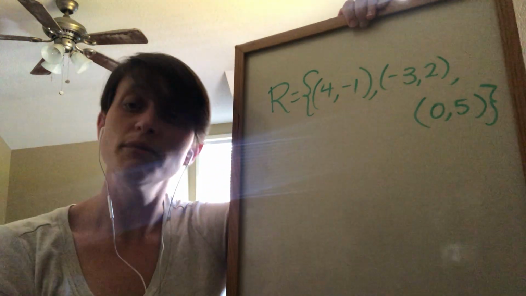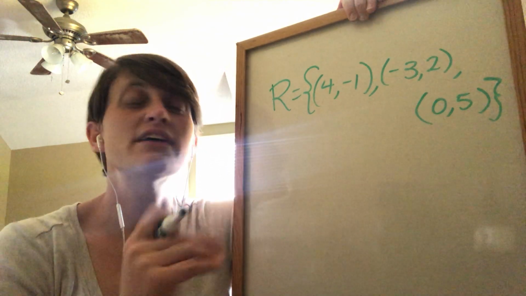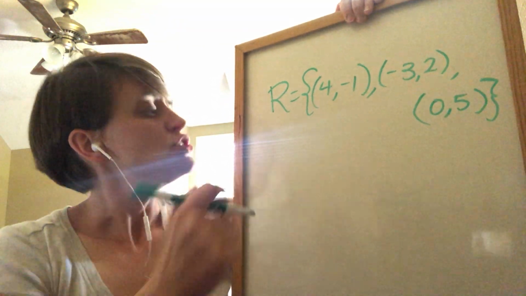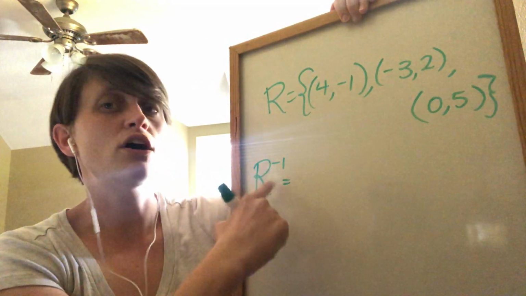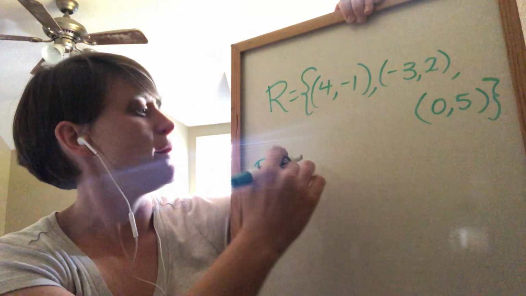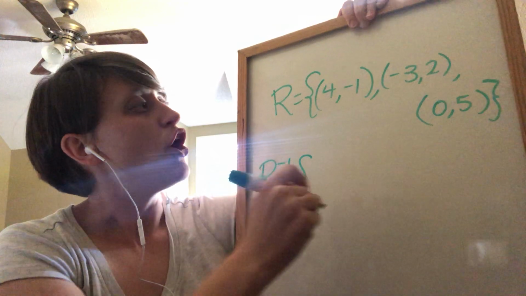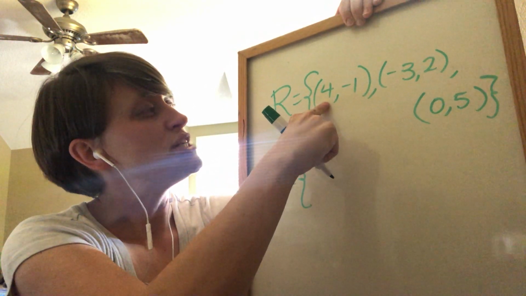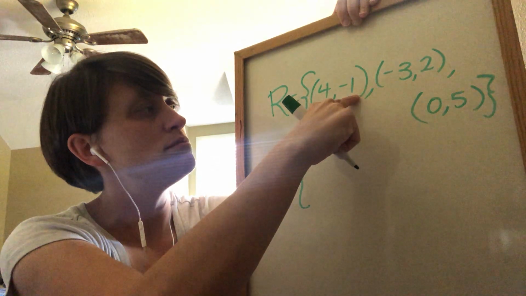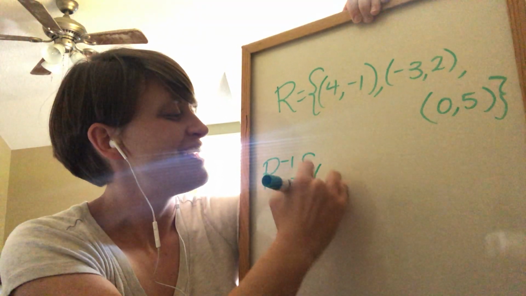We don't know how we get from x to y. Doesn't really matter. We just have a list of ordered pairs. So to find the inverse relation, first of all, we're going to call it the inverse notation R -1. Again, all we're going to do is reverse the action. So the relation R takes 4 and takes it to -1.